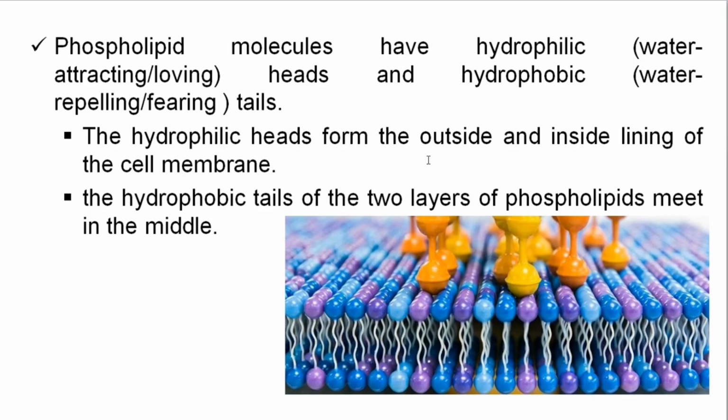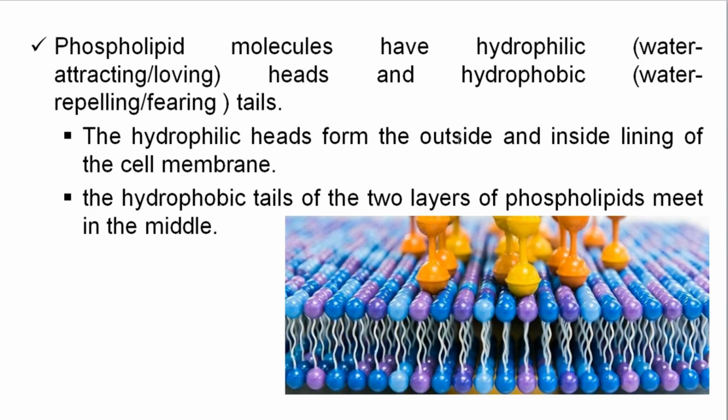The hydrophilic heads attract water, or the hydrophilic heads form bonds with water. However, the hydrophobic tails repel water. Hydrophobic tails do not form bonds. The hydrophobic tails do not attract water.